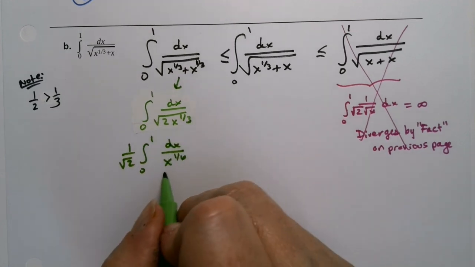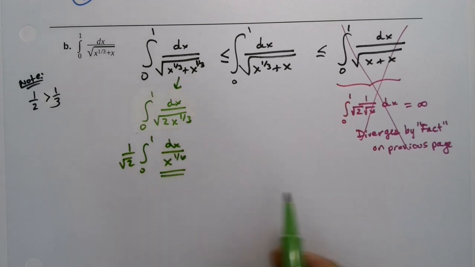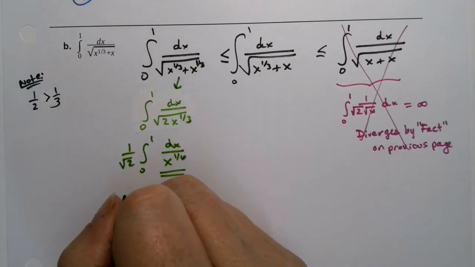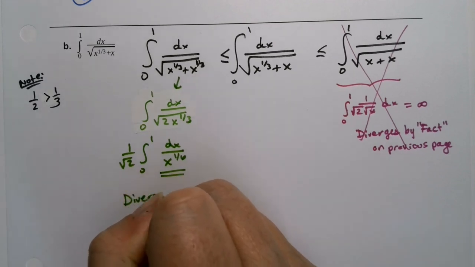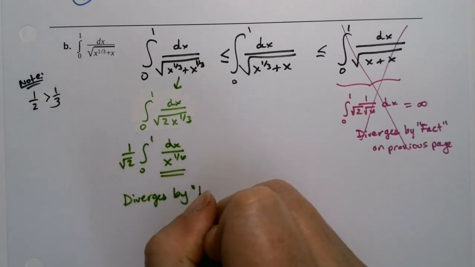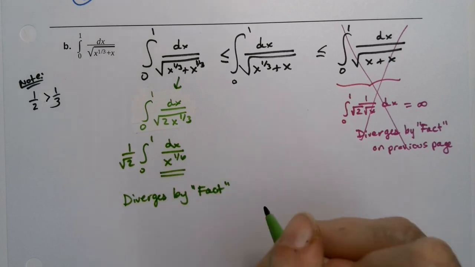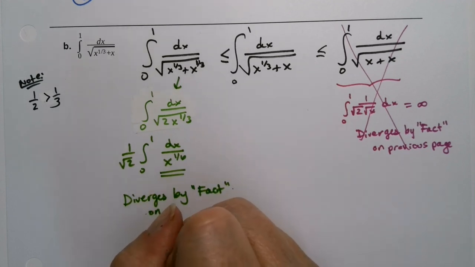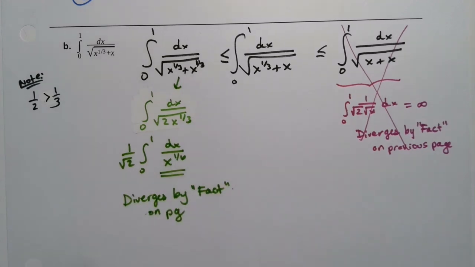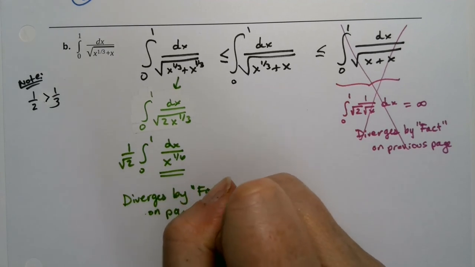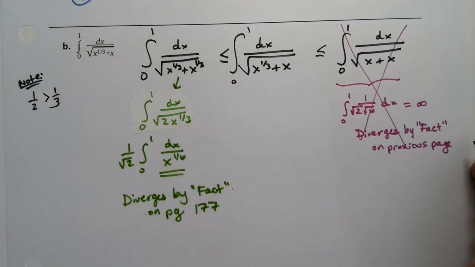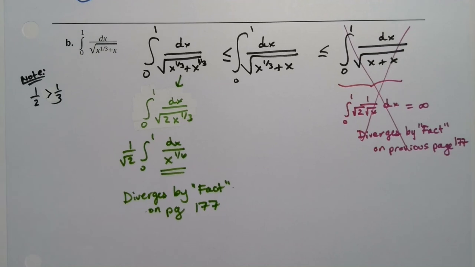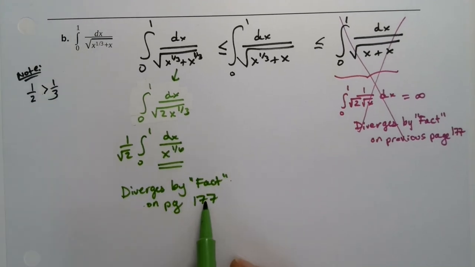And that diverges, again, by that same fact. We're going to use that fact all the time. I should go find out what page that was. It was page 177. I already found that, I know, but I forgot. All right, page 177. We're using that one all over the place, and that will continue to be the case. So it diverges.